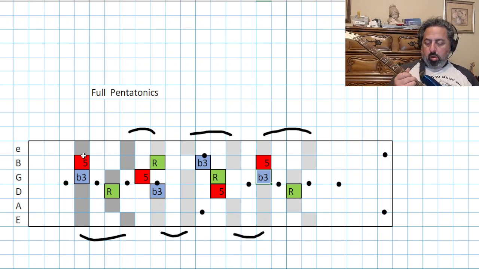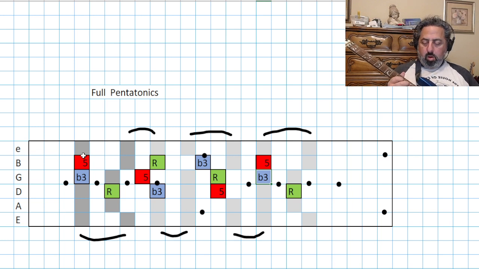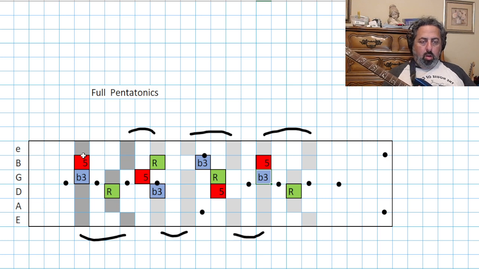Slide up to blue, minor third. Now I'm in second pentatonic. That's a gray note.